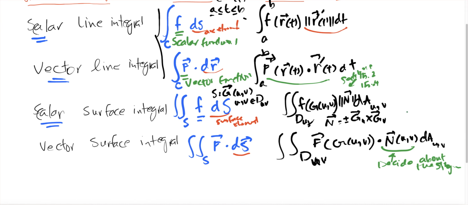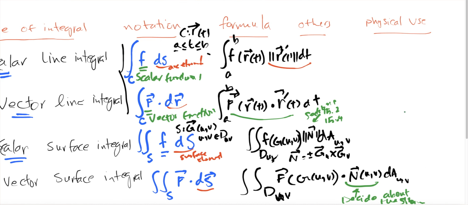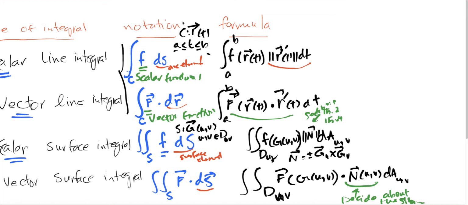Now, the next thing that it's asking is if there are any other properties, any other formulas that you can use. There are some other formulas you can use.